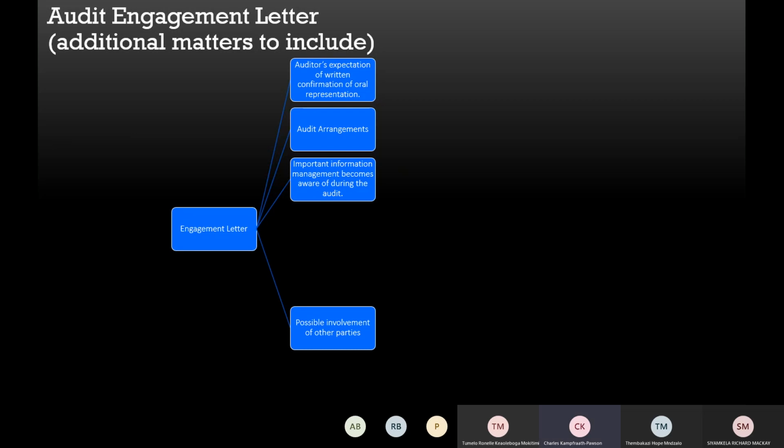And then obviously the possible involvement of other parties. If I say possible involvement of other parties, we're looking at the previous auditor, internal auditors, other external auditors. But we'll elaborate on that as well. Guys, please ask questions. These are discussion points.